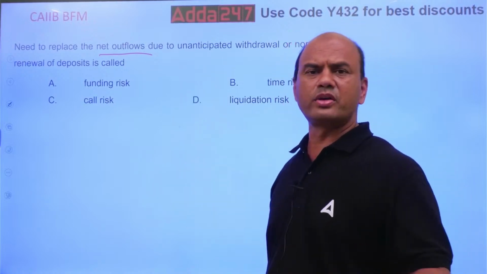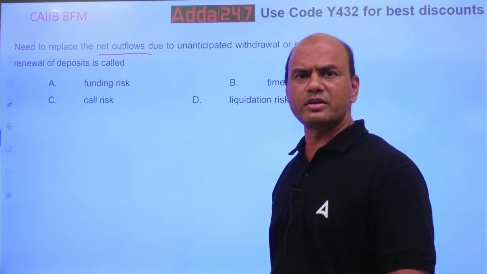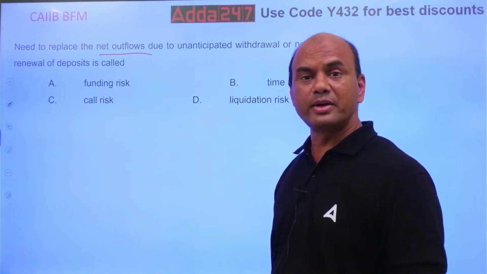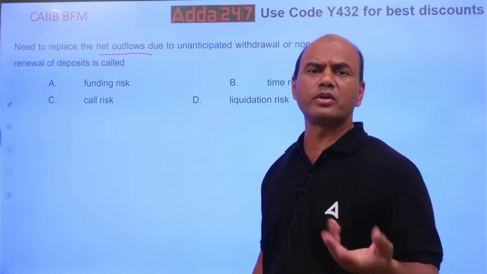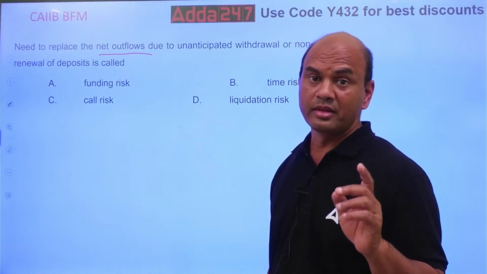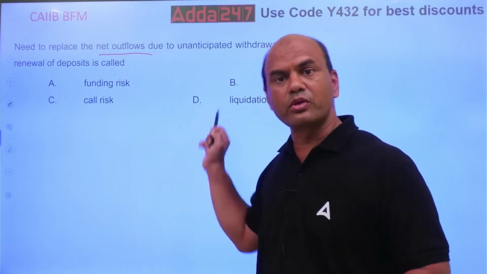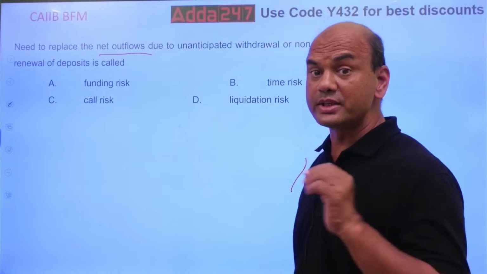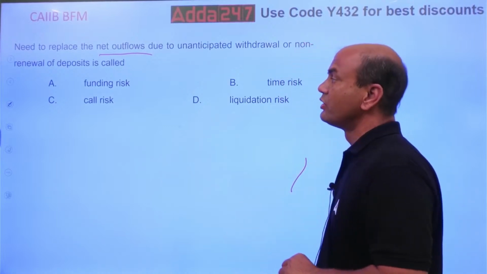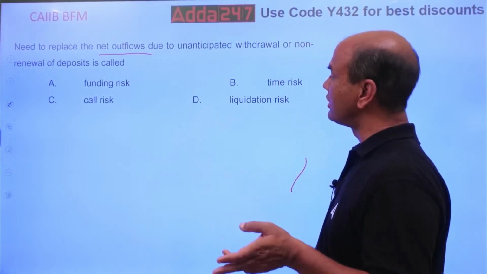Nobody is ready to redeposit your FDs, or reinvestment risk. That is also correct. But here the question is, among the four options, which one is correct? Funding, time, call or liquidation.